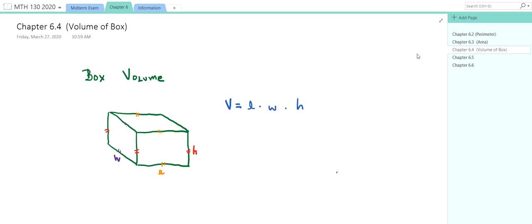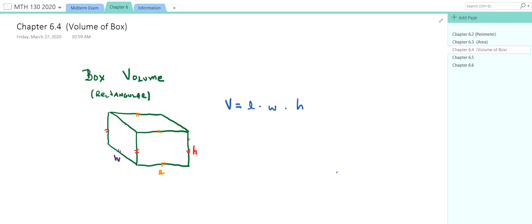Okay, in section 6.4, we discuss volumes of box, and I have drawn a rectangular box down here. What we have is a box of some particular length, which means this side and this side and this side, the orange sides, are all the same length.